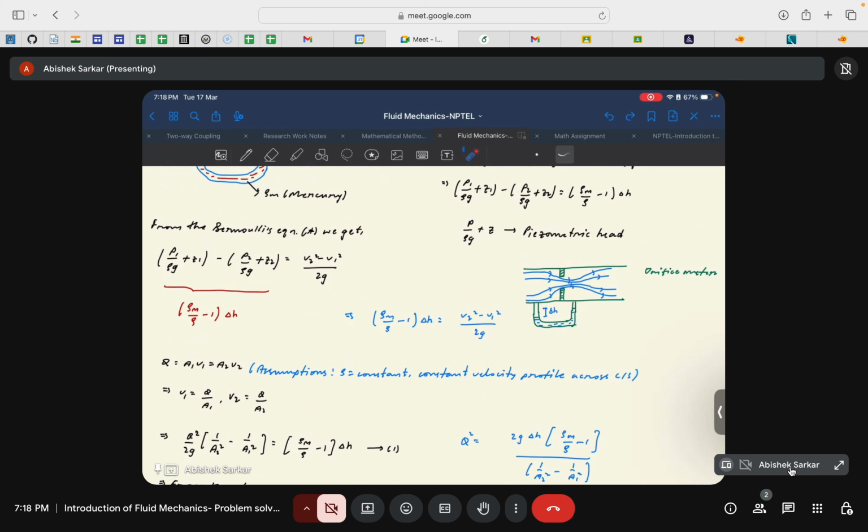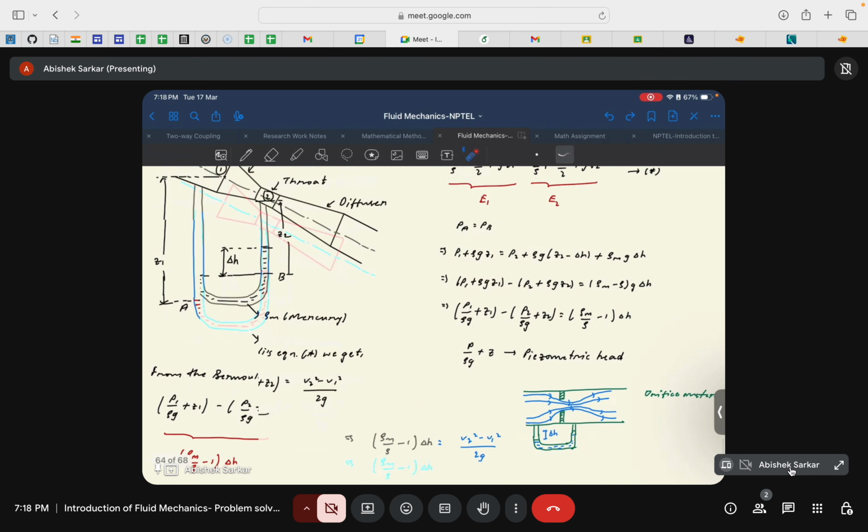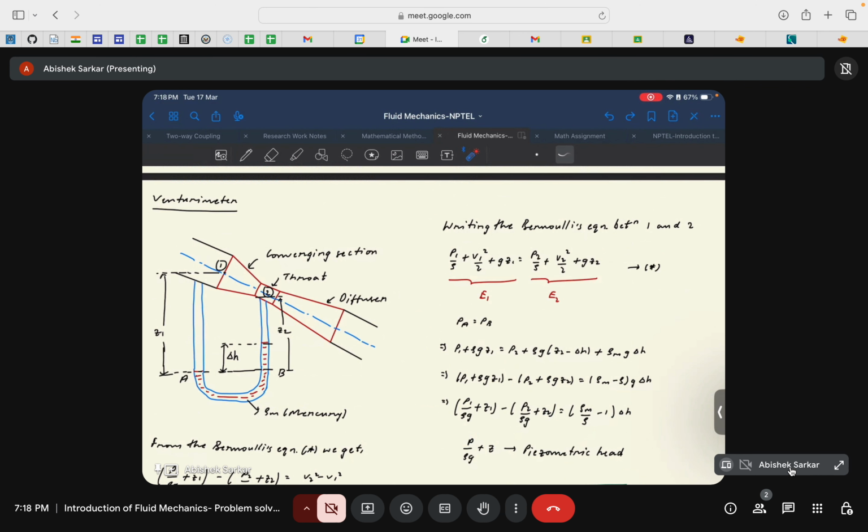But the thing is that the level of error in the orifice meter is comparatively higher than in the venturi meter. That's the first thing. Second, the losses in the flow are again a bit higher in the orifice meter compared to the venturi meter. But the construction of the orifice meter is much cheaper than the venturi meter. As you can see, it's just a simple small disc placed in the pipe, rather than a very immaculate design that you need to make to obtain this converging diverging section.